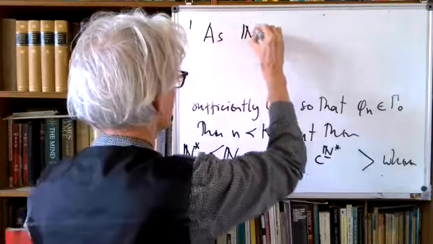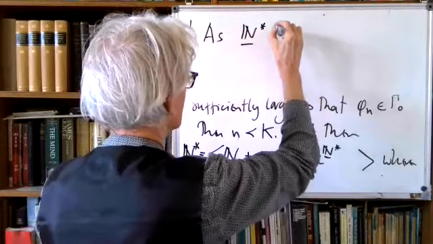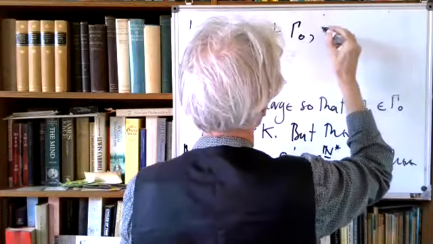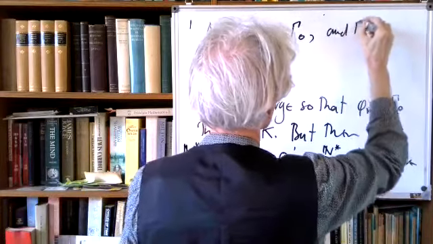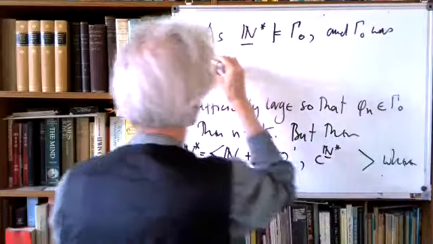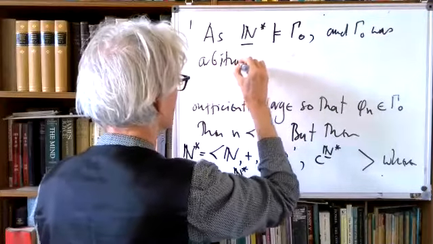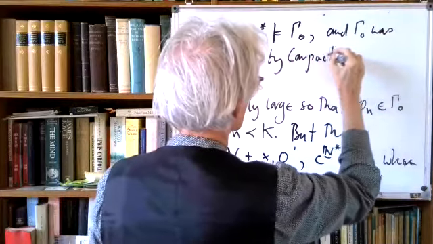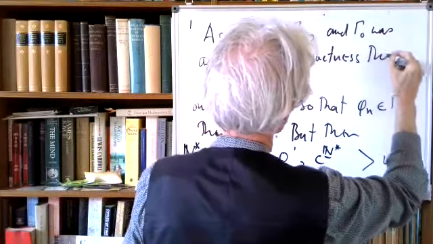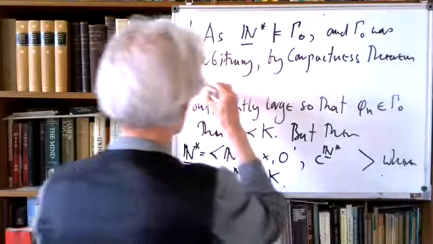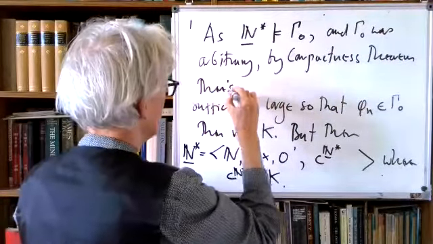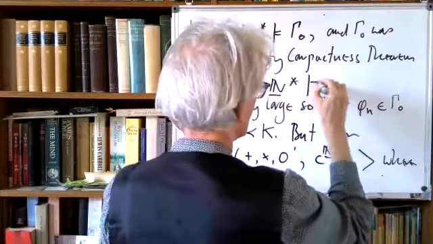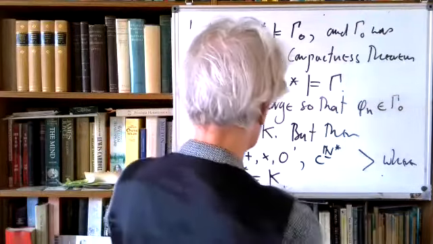As here with this n star is a structure in which gamma 0 holds, and gamma 0 is arbitrary, by the compactness theorem, there's an n star which is a model of all of gamma.